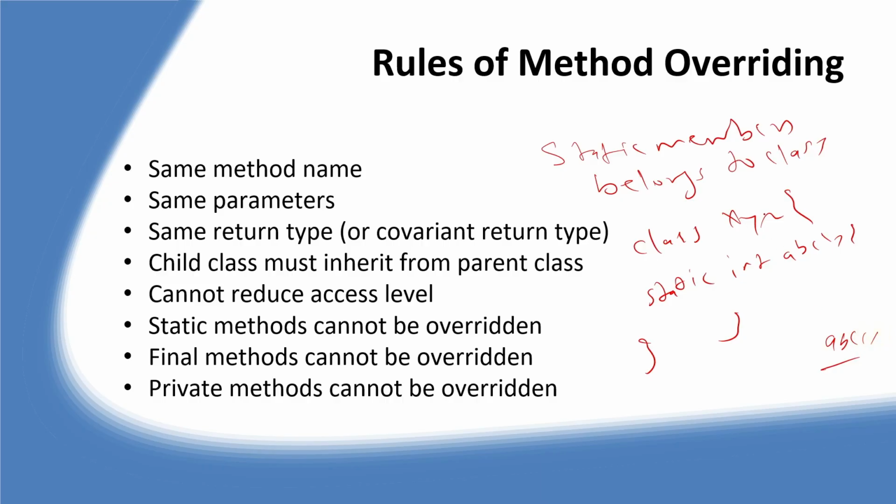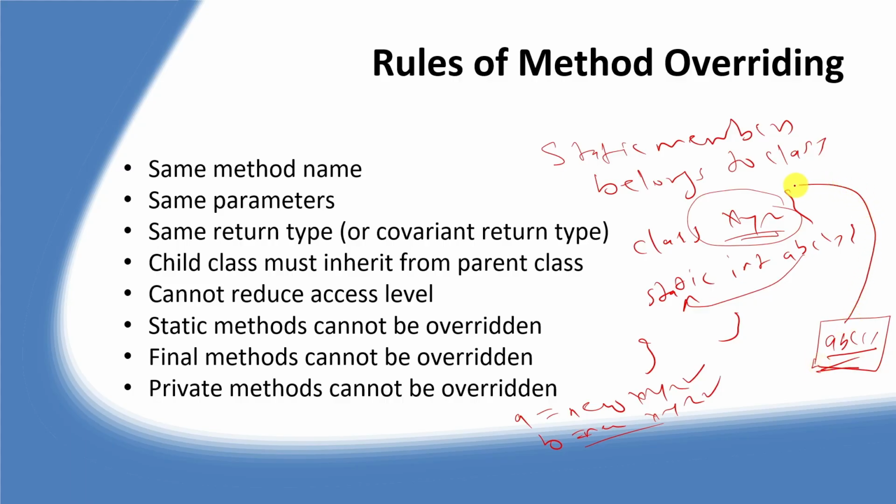Now whatever number of objects we create from this class, like new XYZ, whatever number of times we create the object of this class, the member which we declared static will get loaded in the memory only once, because it is associated with the class, not with the object.